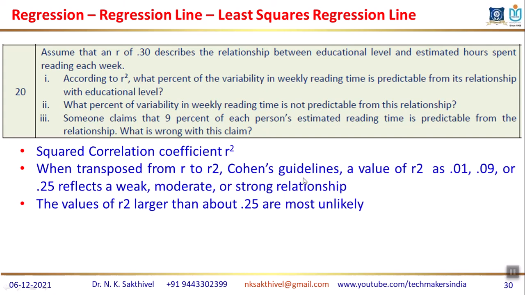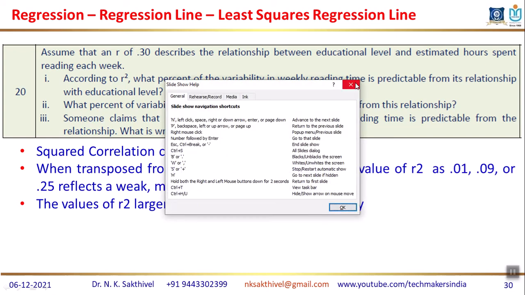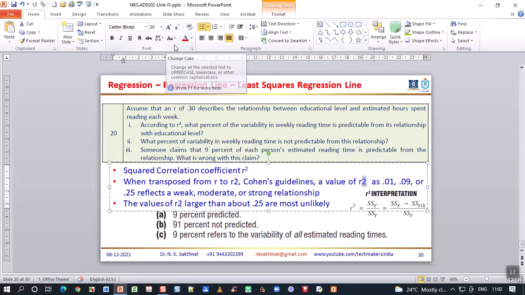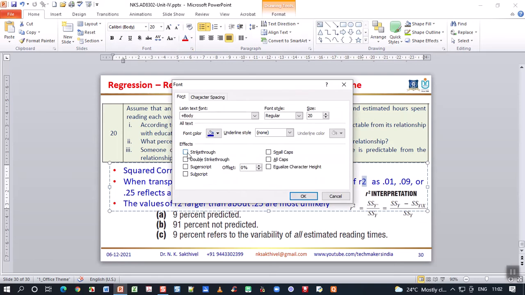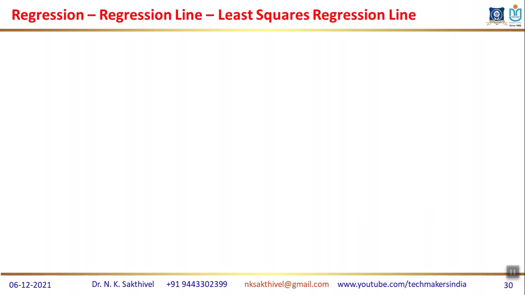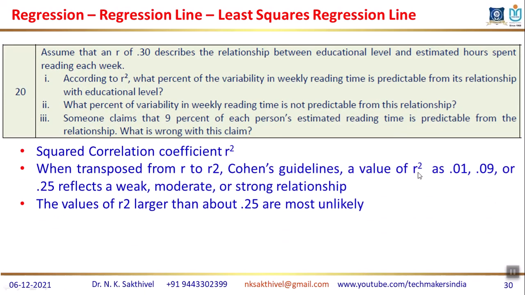From the guidelines it is predicted that if the R squared value is 0.01, that means 1%, it is weak, very low relation, that means no correlation.